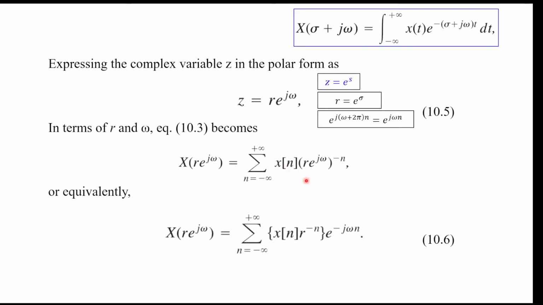Then we have x of n times r e to the j omega to the minus n power. Then we separate it into two parts: we combine this r to the minus n part, and we have e to the minus j omega n part left. So we group this together, and then we see that this thing is the Fourier transform of x of n times r to the minus n.